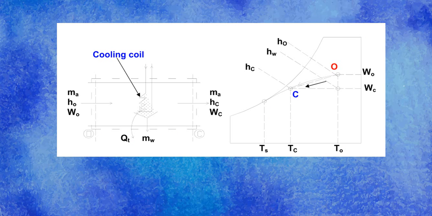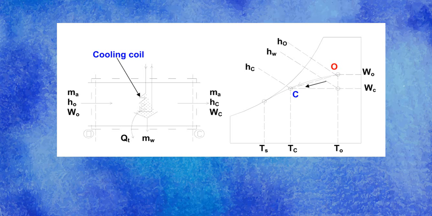Now, how does this cooling with dehumidification process actually happen, or how is it depicted in a schematic diagram? Let's say you have a cooling coil here. It's expected that in this cooling coil you have a cooling medium. As you can see, there is water here, and this water is expected to increase in temperature because it will be subjected to this warm air.